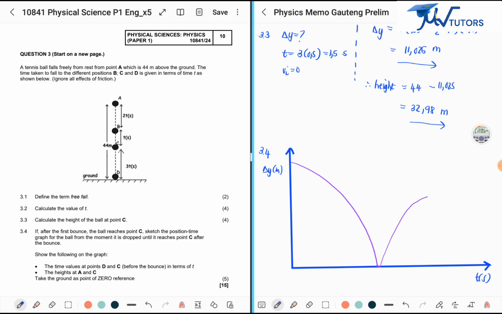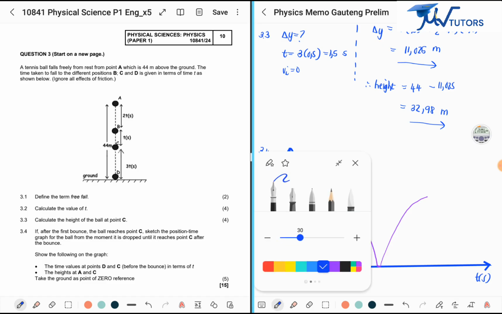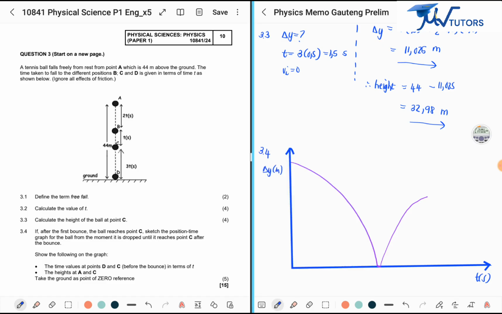So where it was dropped, we had 44. Let me just write this on top. So we were at 44 meters, and then we had point B and point C. So point C, we said it was 1.5.